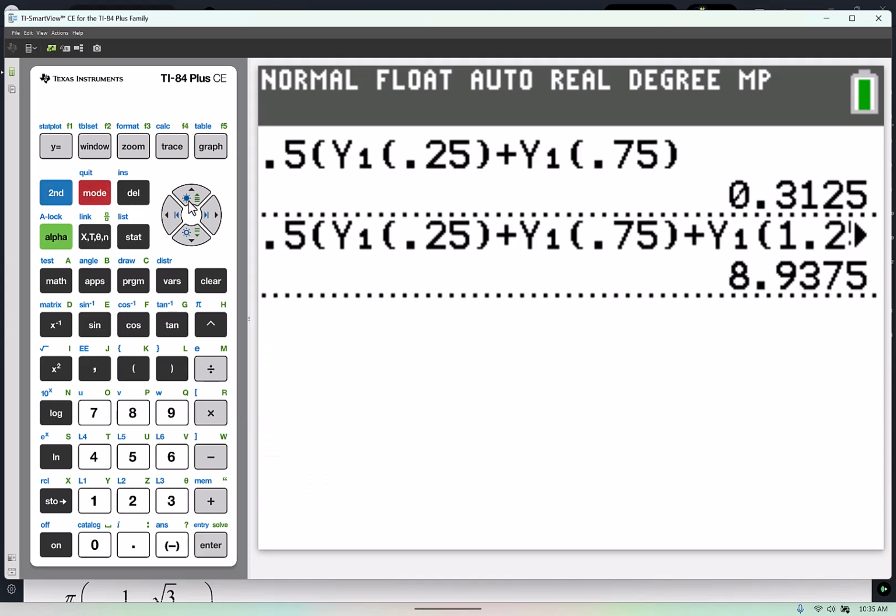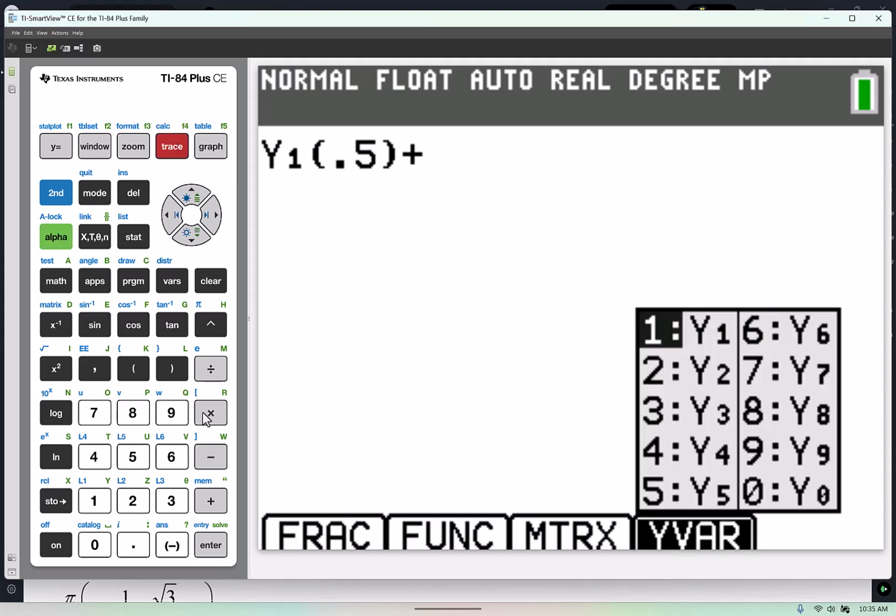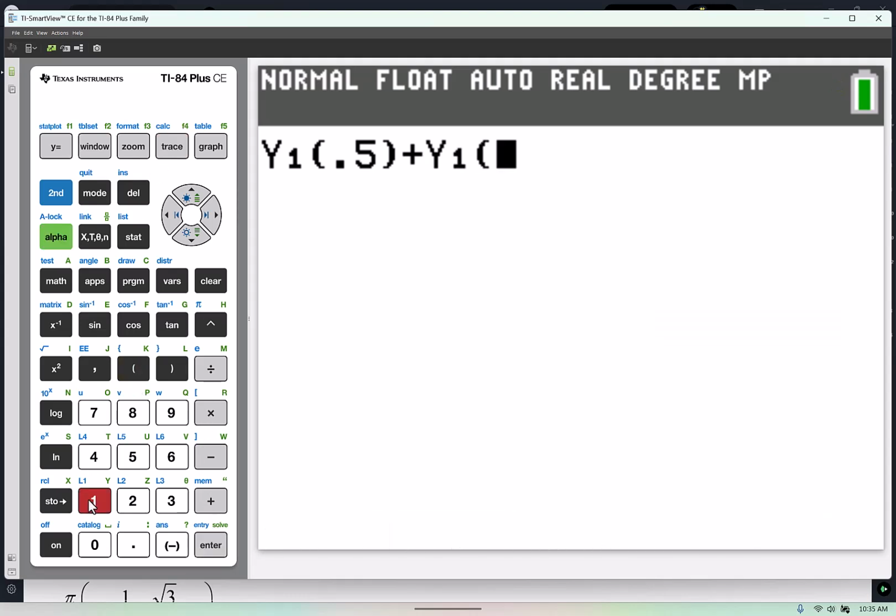Because it's 1 times everything, base times height, they're all 1. So I can just go alpha trace y1, and plug in 0.5. That's the height at 0.5, the output of that. Plus alpha trace y1, 1.5.